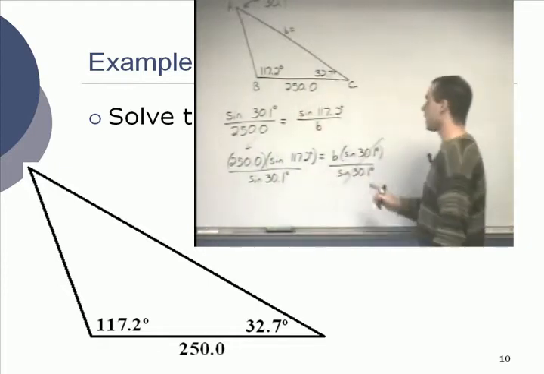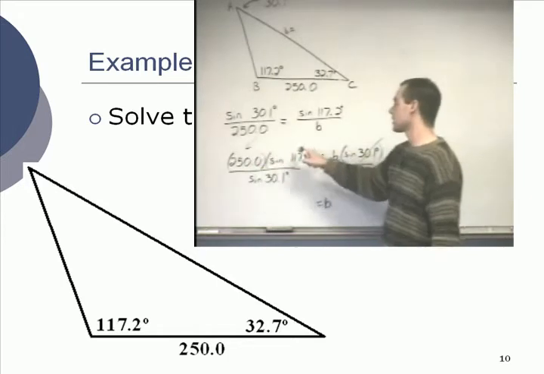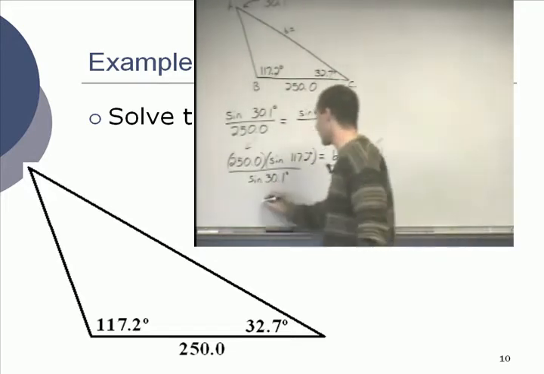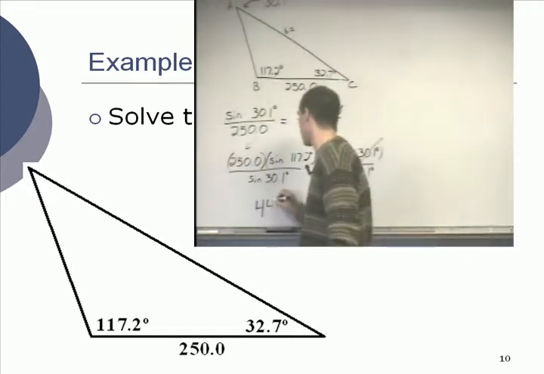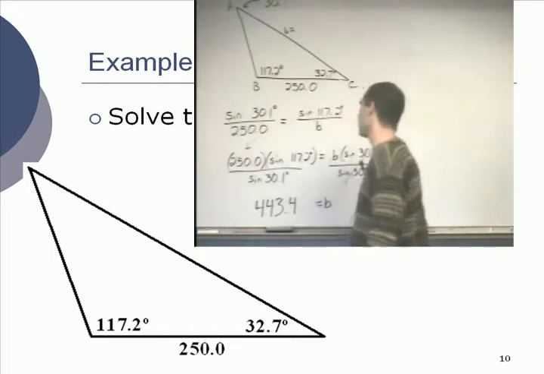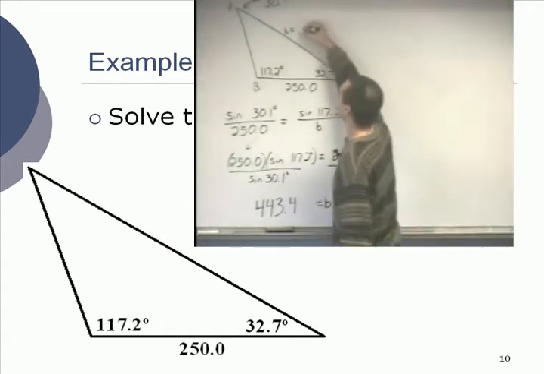That cancels. And now b will be equal to 250 times sine of 117.2 divided by the sine of 30.1. A little calculator work there. Anybody crank that out already? 443.4 is right. And we have another side.